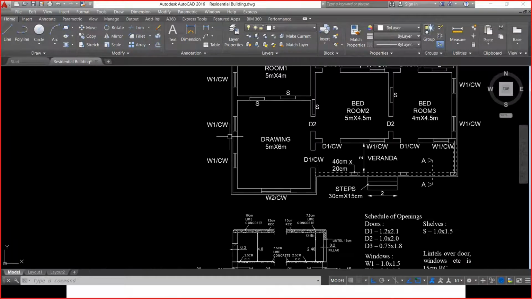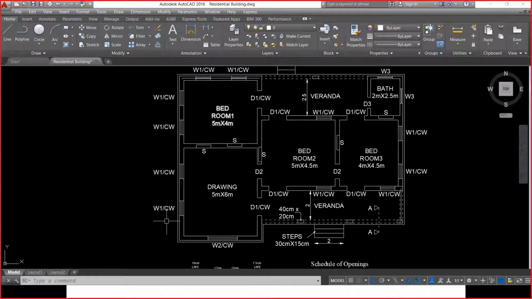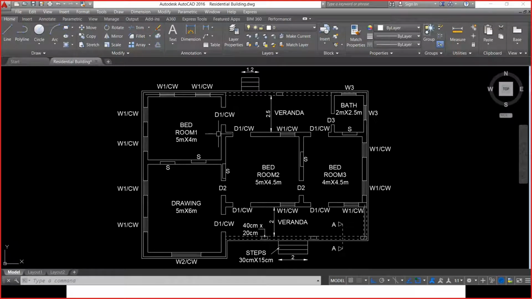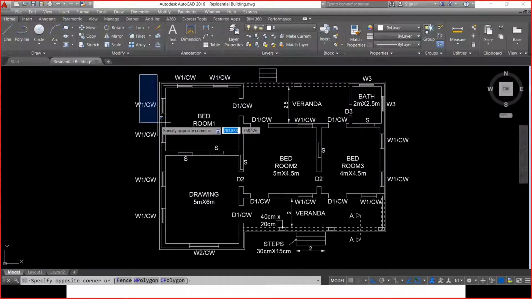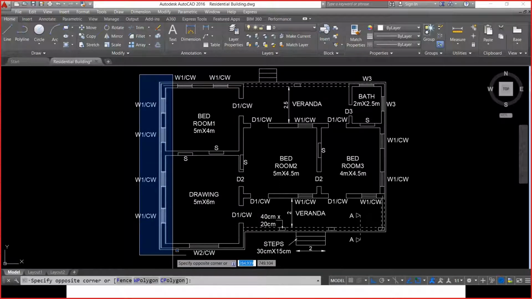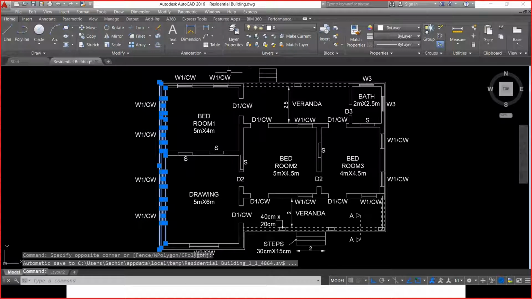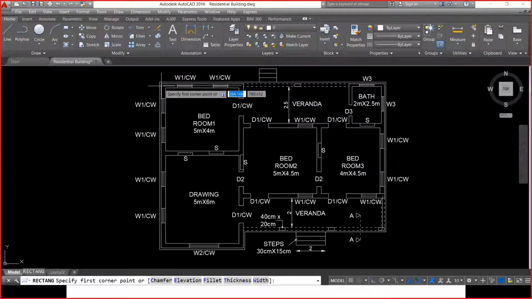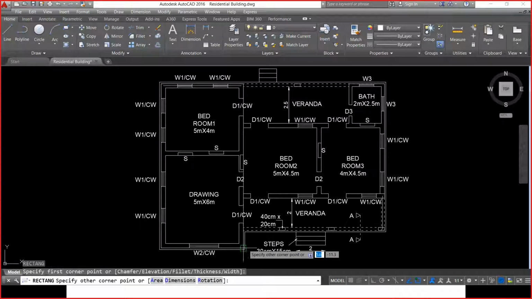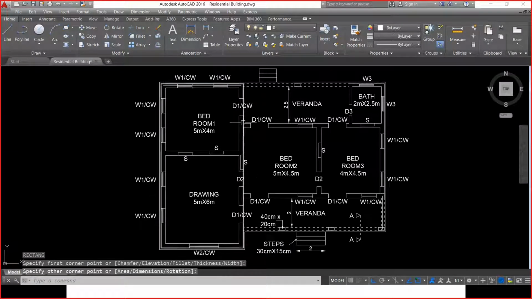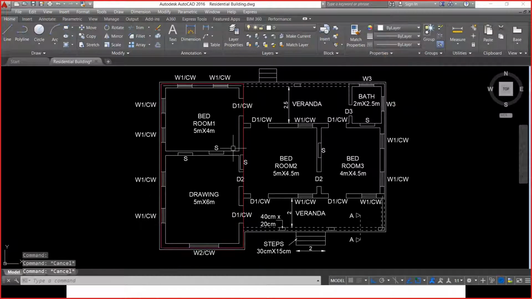Now what I'm trying to do here is club these two things and calculate the centerline length. I'm going to consider this as the long wall, and this also as a long wall, because this is one complete area. I'm going to mark this in a rectangle. Now this is one complete area. I'm going to highlight it in red color.